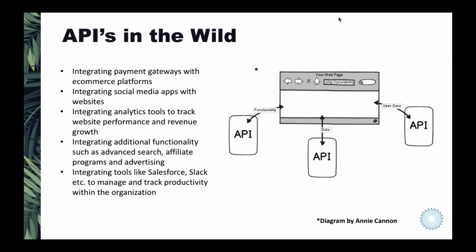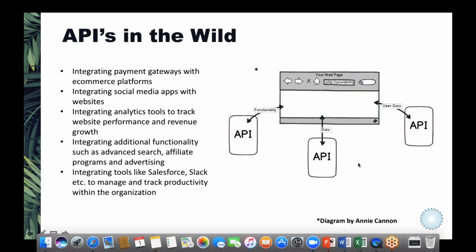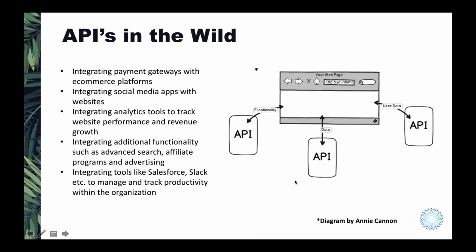So, APIs in the wild. I talked about the fact that you probably use them every single day. Common examples of where you see APIs being used today are in payment gateways, whereby you're on an e-retail or e-commerce site, about to check out of the store, and you hit that payment button and your credit card balance goes up, and then your payment is sent over the wire using APIs.